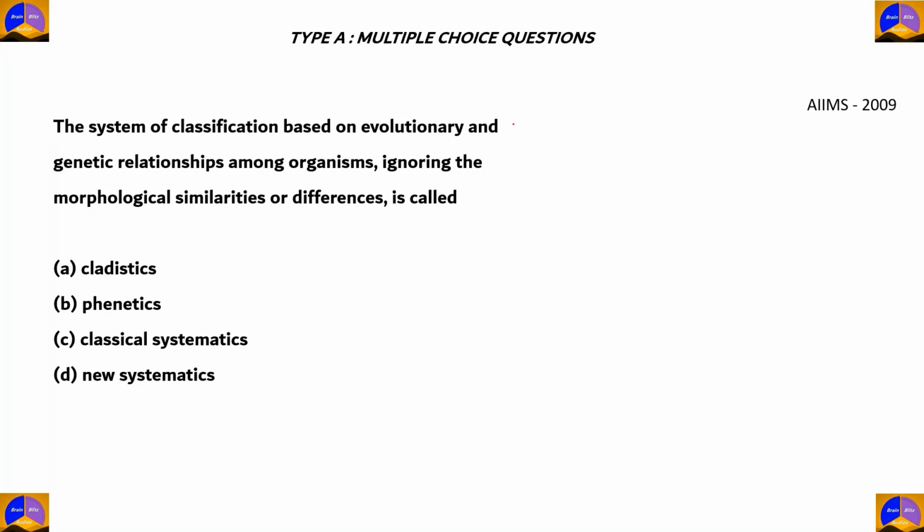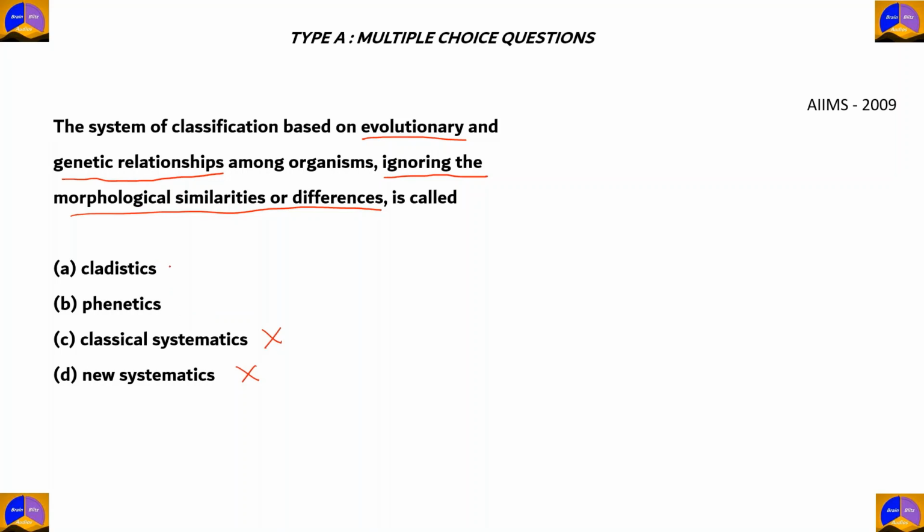Now, the question says that this system of classification is based on evolutionary and genetic relationships, but it ignores morphological similarities or differences. Classical systematics does not fit into this criteria because it only looks at morphological similarities. New systematics looks at both morphological and evolutionary relationships.